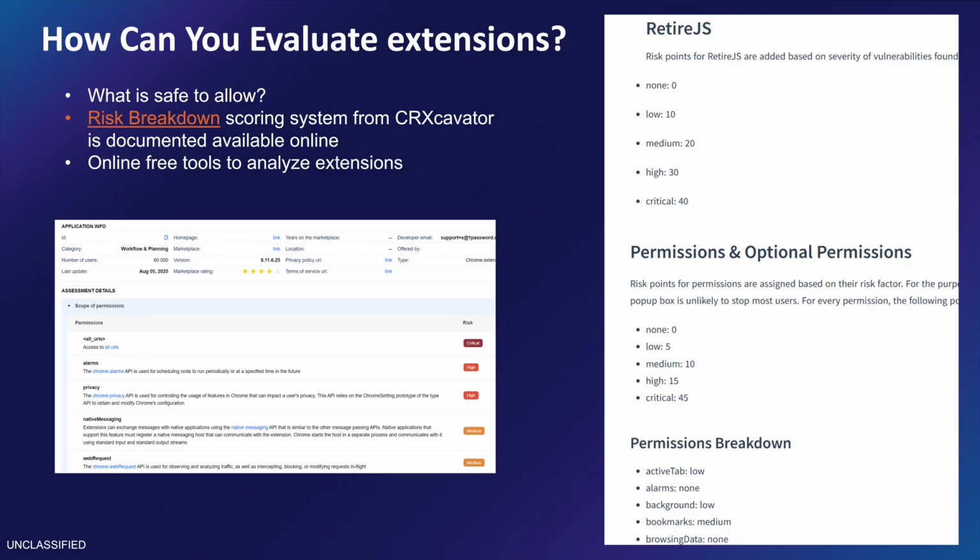There's a site called Risk Breakdown from CRX Excavator, and it will allow you to put in the URL or the ID of a specific extension, and it will give you a breakdown of that. Then there's also a service called Koidex from a company called Koi, that provides a browser extension version of VirusTotal, but for browser extensions that you may be on the fence about.